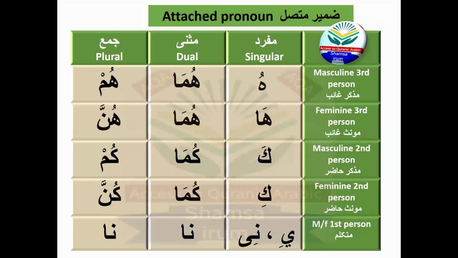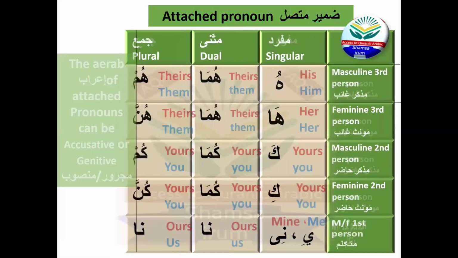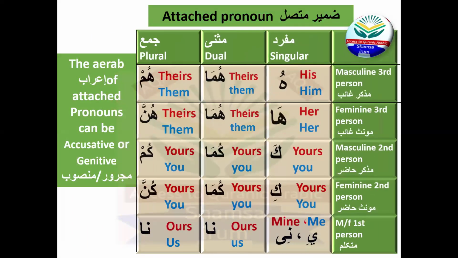And this is the chart for the dhamir muttasil, the attached pronoun. These pronouns are used for the mansub or majroor. The zamir mutasil can be used for the mansub or can be used for the majroor, while on the other hand, the zamir munfasil is always marfu.